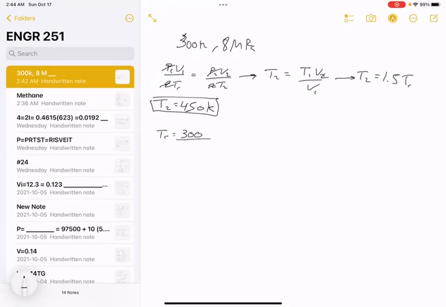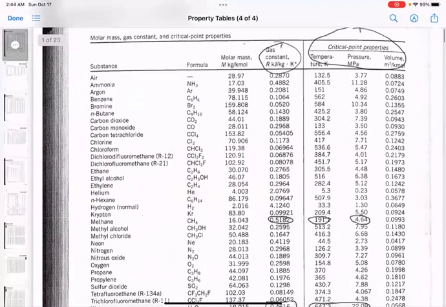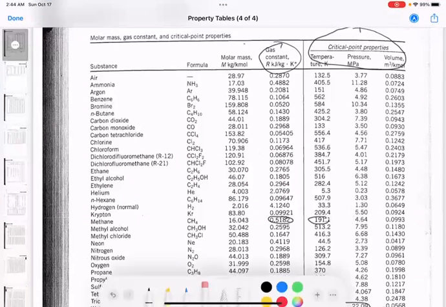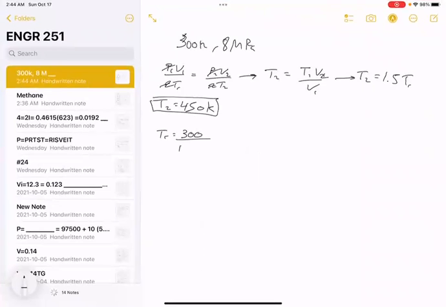For methane, if we look in the tables, we'll find the values we're interested in: 191.1 Kelvin is the critical temperature of methane, and 4.64 megapascals is the critical pressure. So TR1 is 300 over 191.1, the reduced temperature at the initial state, and it comes out to approximately 1.57.